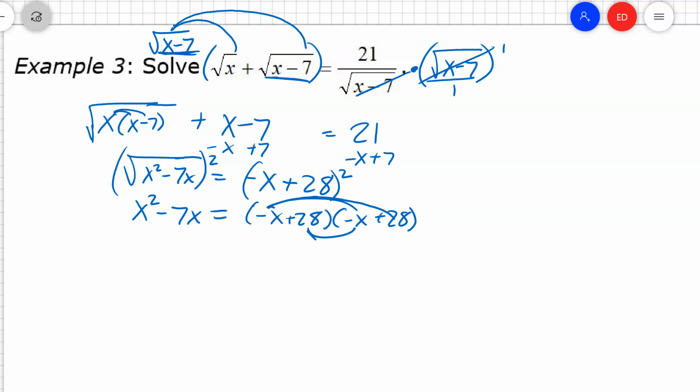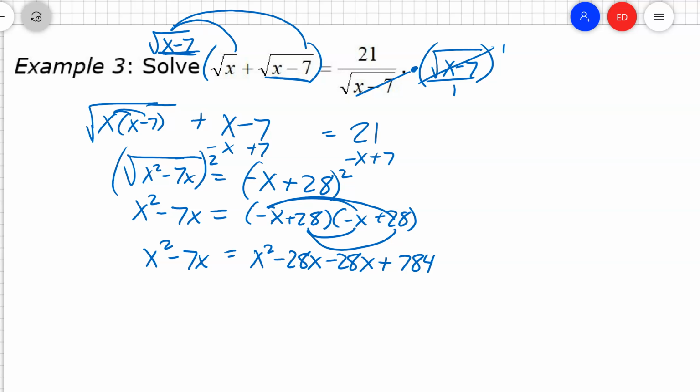First, outer, inner, and last. So negative x times negative x is just going to be x squared, minus 28x, minus 28x, plus 28 times 28, which is going to give me 784. On this side, we're going to be left with that.